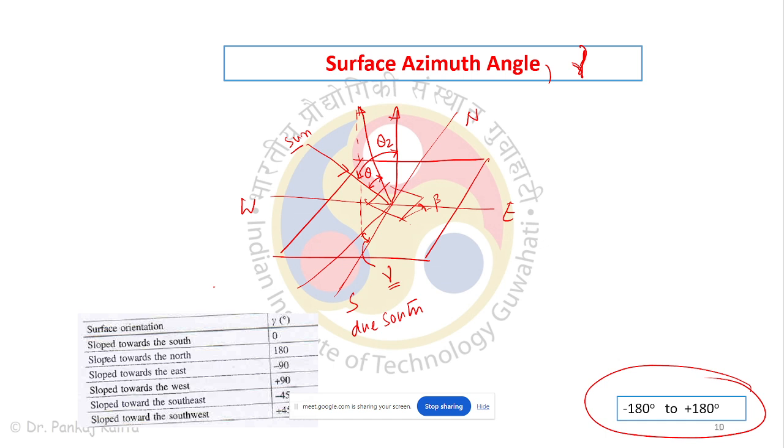Here are a few things that will simplify your question. If it's mentioned the slope is toward the south, this means your gamma will be 0. If it's north, then it will be 180. If it's toward the east, then minus 90, west plus 90. This is just to have an understanding of the surface azimuth angle.